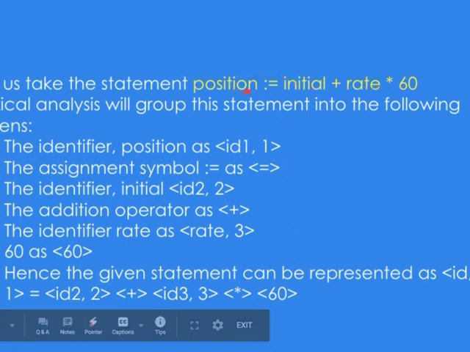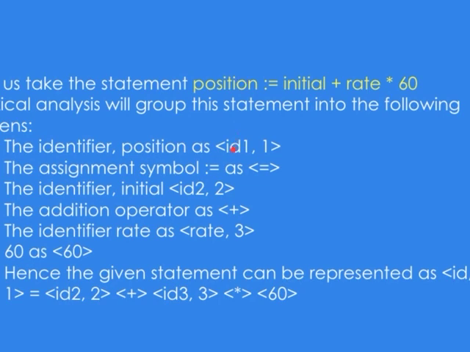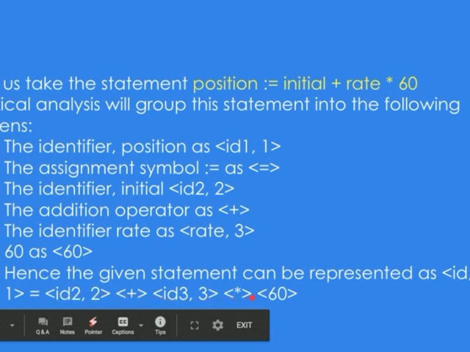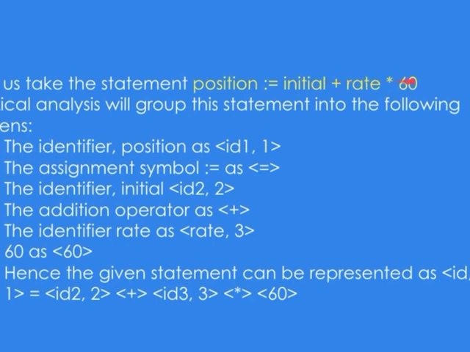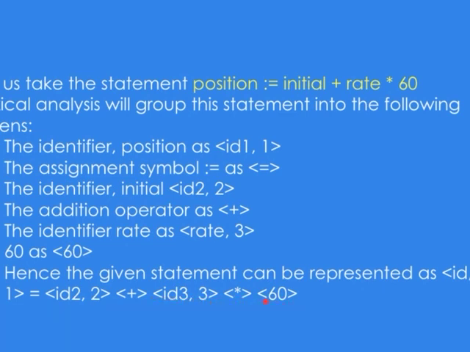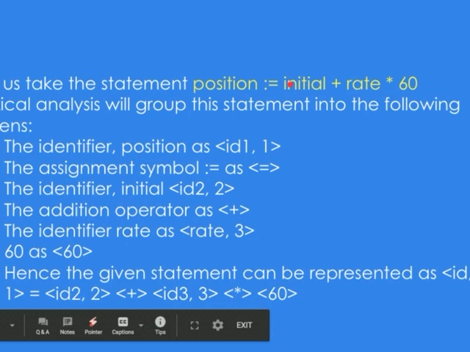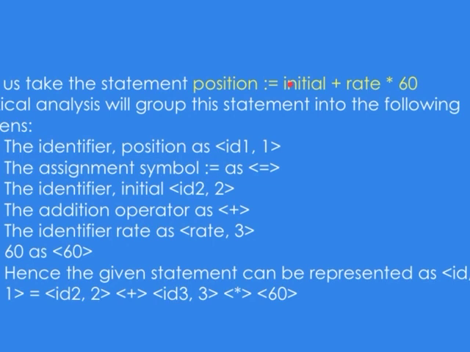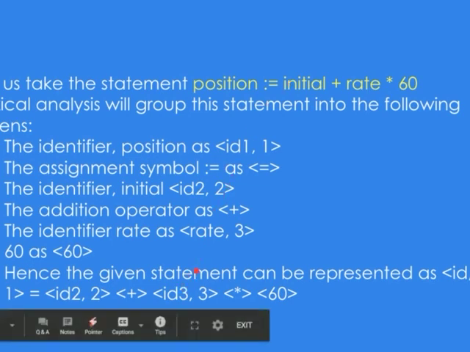All these identifiers are substituted with token values. Now for the further stages of compilation, instead of our higher level statement, the compiler will use this statement for further translation. We have taken only one statement. The entire program will have to be scanned, lexemes will have to be produced, and wherever possible, symbols will have to be added like this in a symbol table.